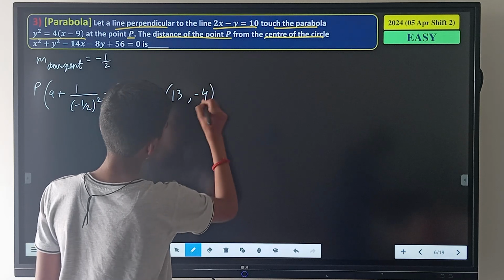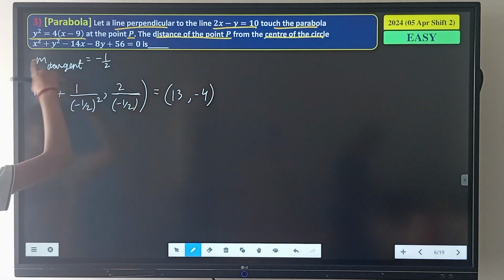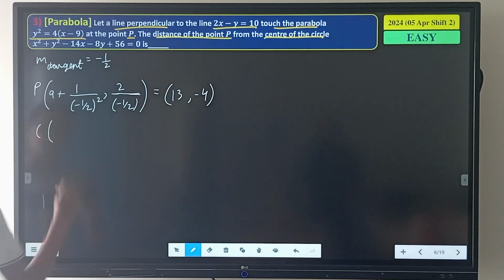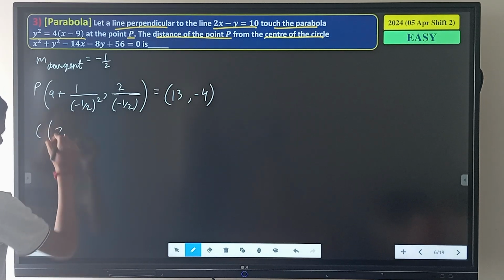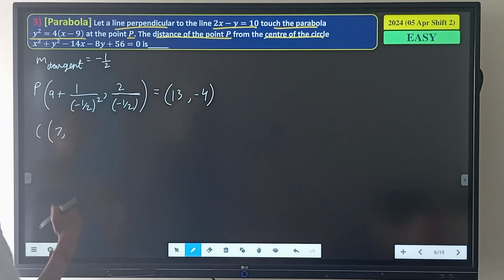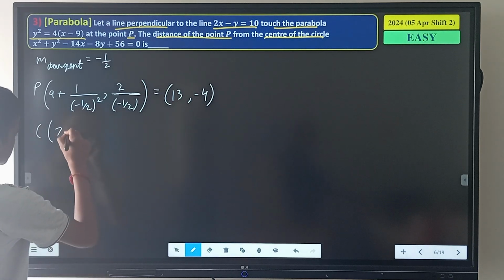Now I will find the center of the circle. So the center of the circle will be 14 upon 2, which is 7, comma 8 upon 2, which is 4.